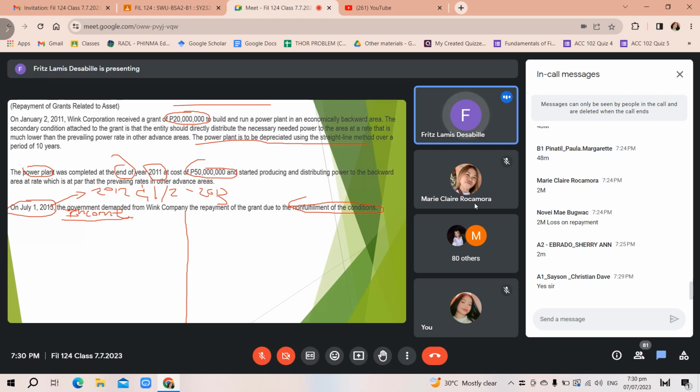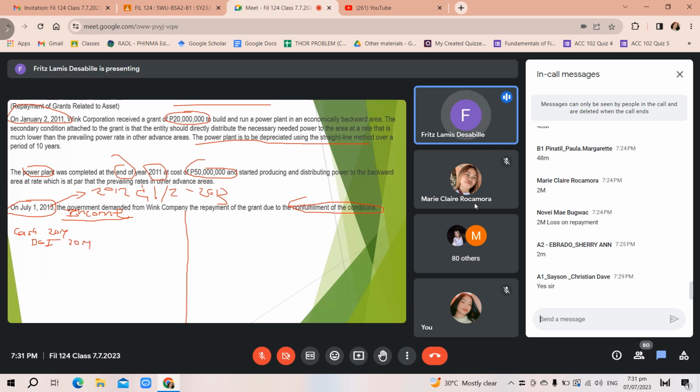The entry on January 2, 2011: we debit cash 20 million, because we received cash of 20 million, and credit deferred grant income 20 million.